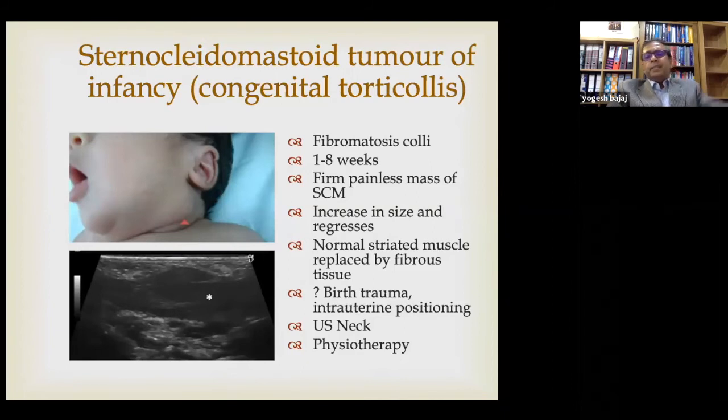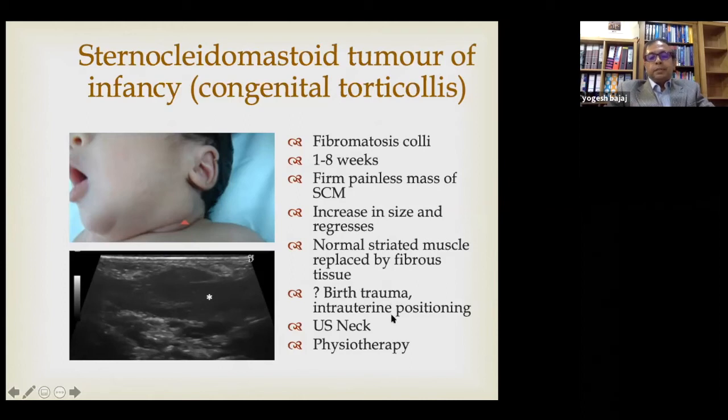And again, it's about history and examination. The pathogenesis is some trauma or some extension of the neck, a hematoma in the sternomastoid muscle, and that hematoma has now been replaced by fibrous tissue.